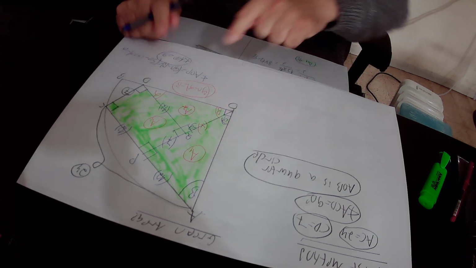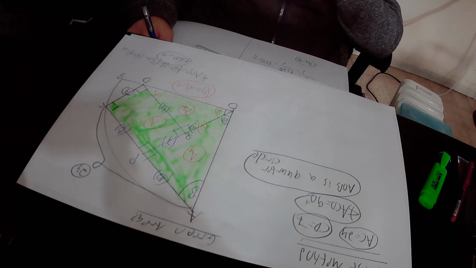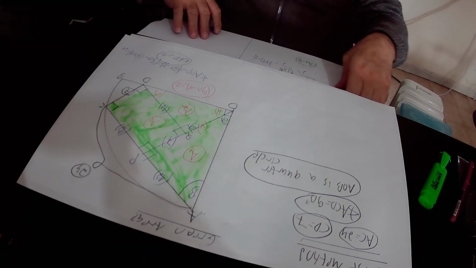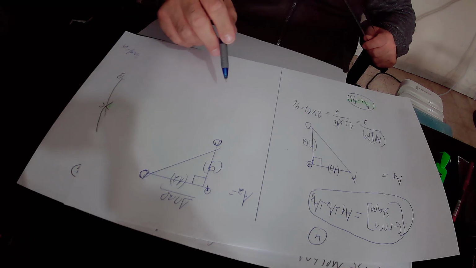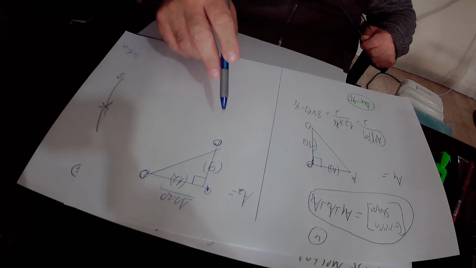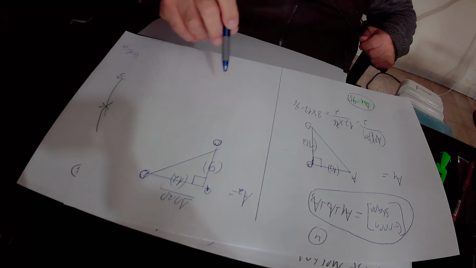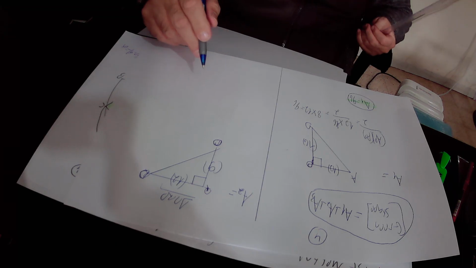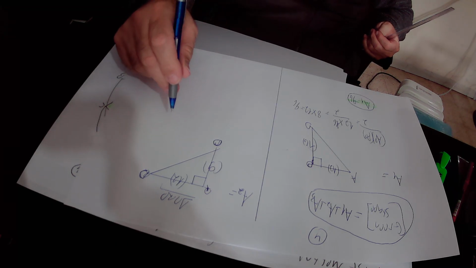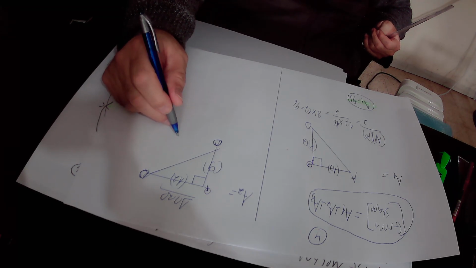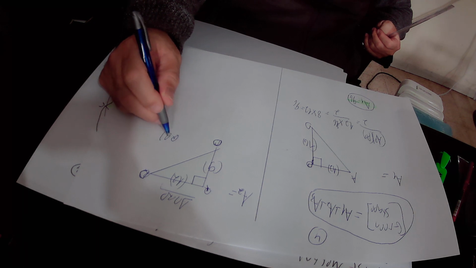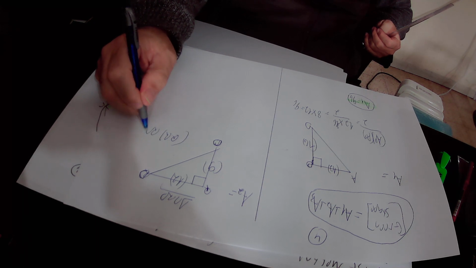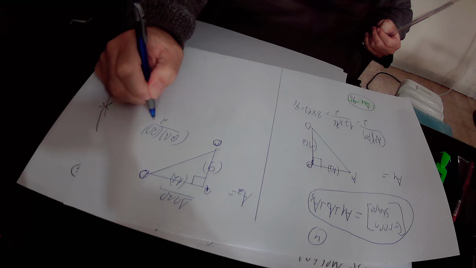QD equals 12 units. The area of this right triangle OQD must be equal to OQ times QD over 2.